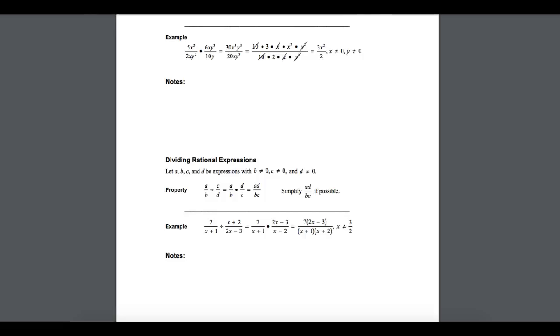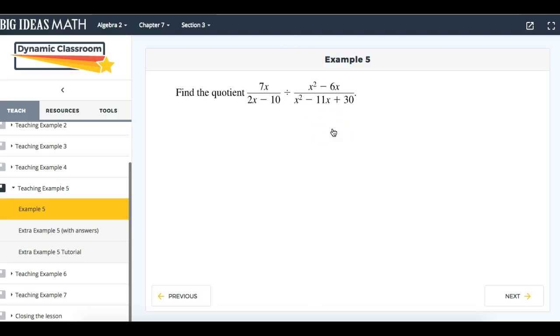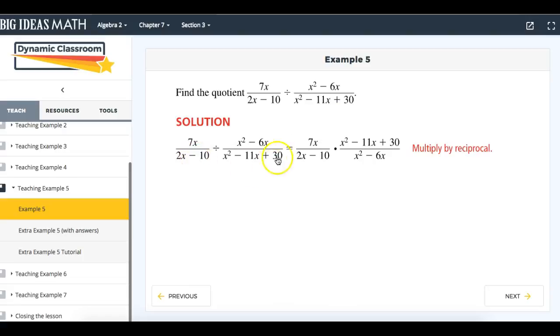So let's look at this example right here so we can go ahead and give it a try. We are doing 7x over 2x minus 10 divided by x squared minus 6x over x squared minus 11x plus 30. Well, we've got our original function, so let's just say copy dot flip.